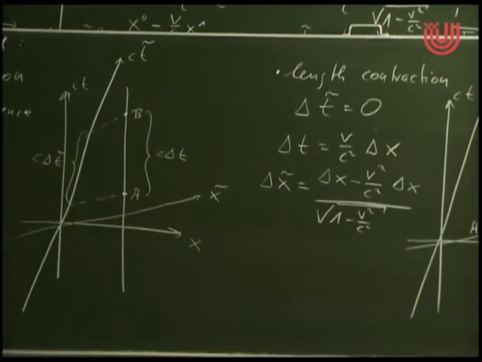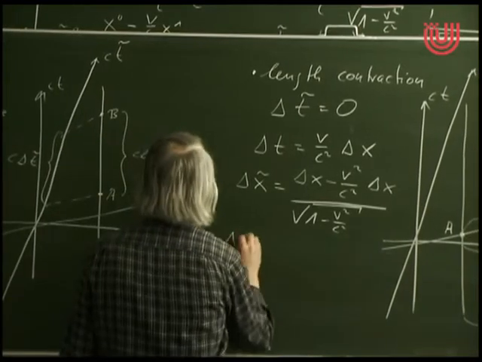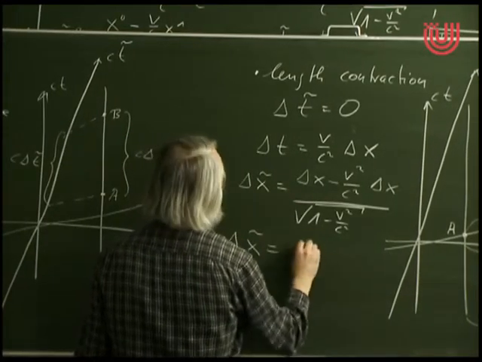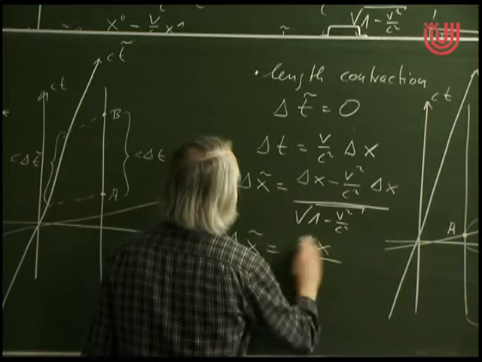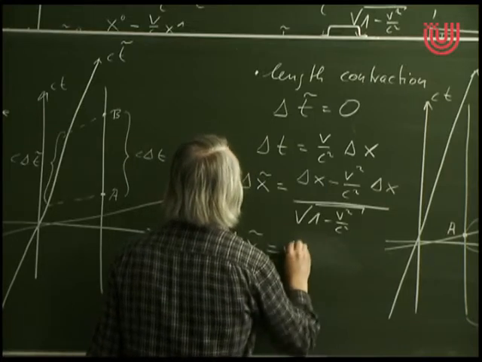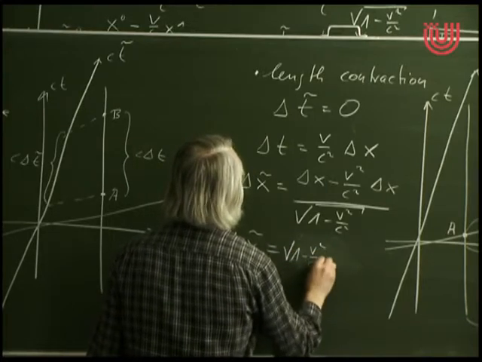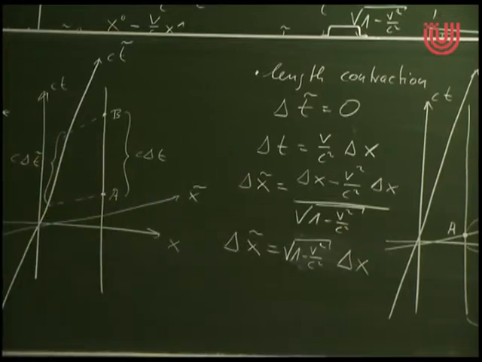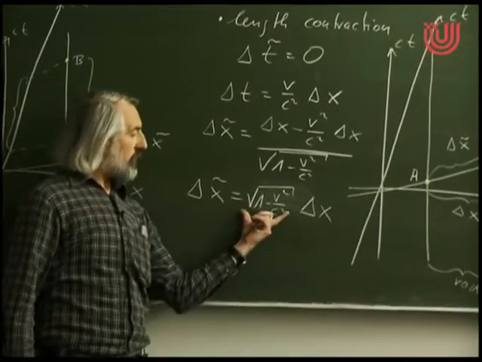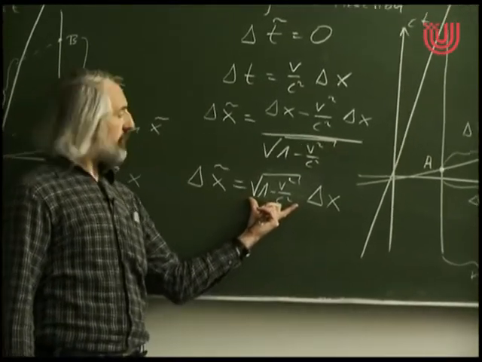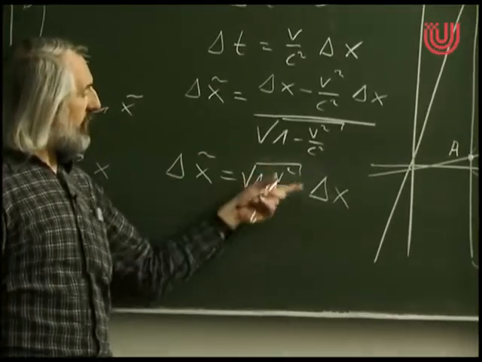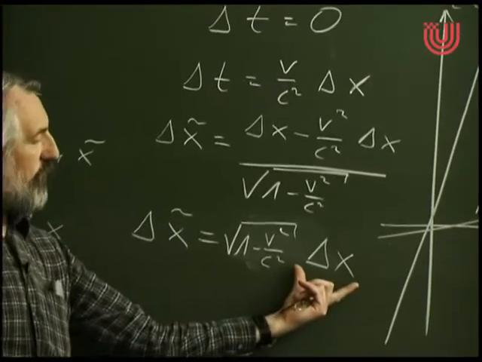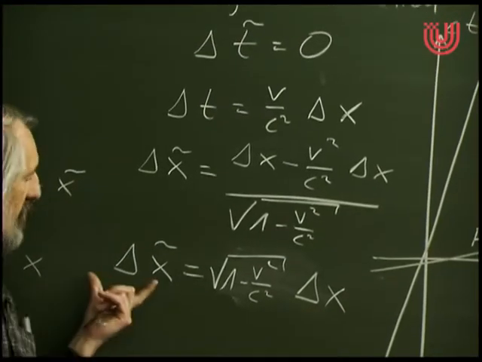And you see I can divide by the square root, and then I get the formula which I wanted to get. Now the square root is in the numerator. And that's a contraction because the factor is smaller than 1, right? This means the delta x, which is the length in the rest system, is now made smaller.